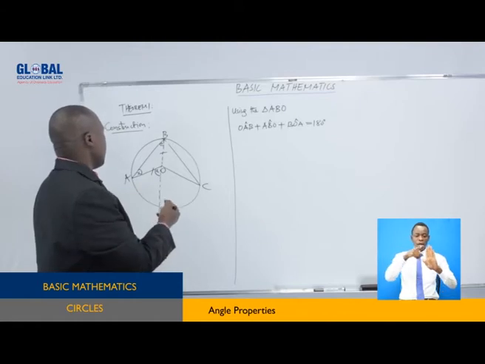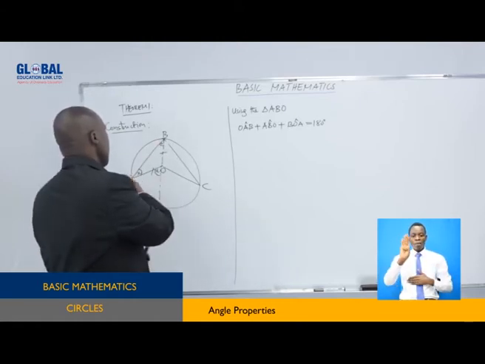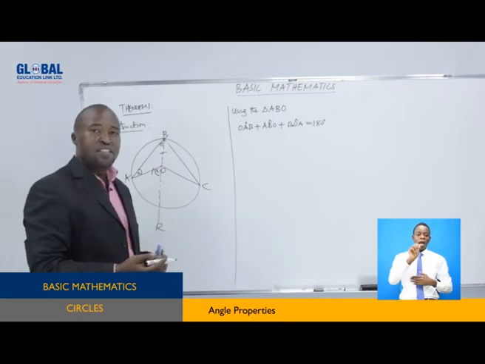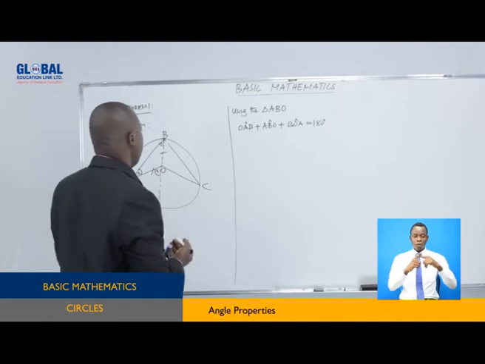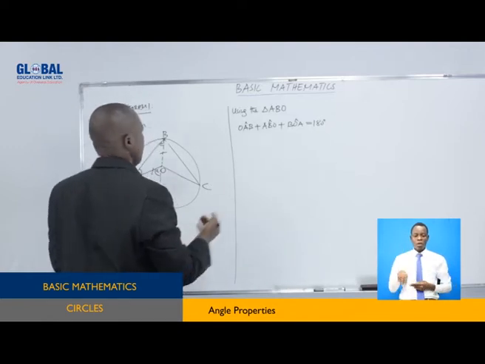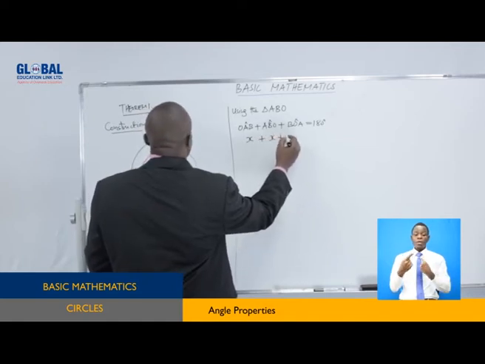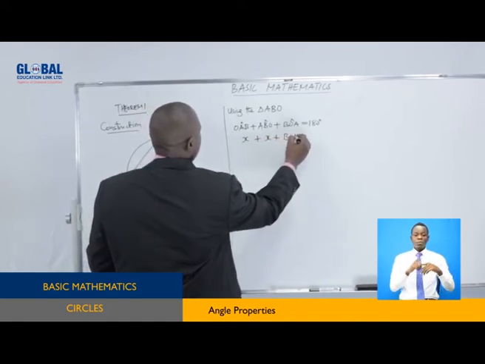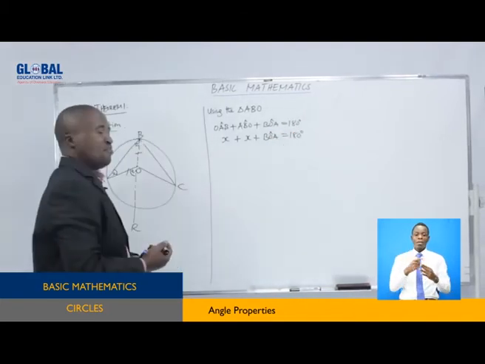But remember, OAB is the same as ABO, base angles of the isosceles triangle. So in this case, we have x plus x plus BOA, this is equal to 180 degrees.